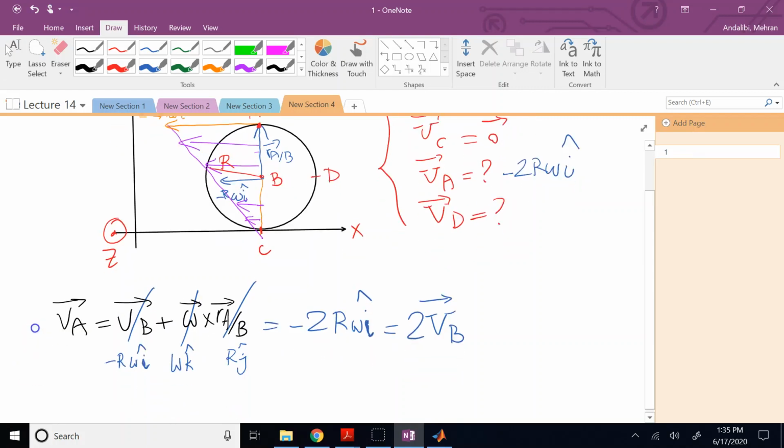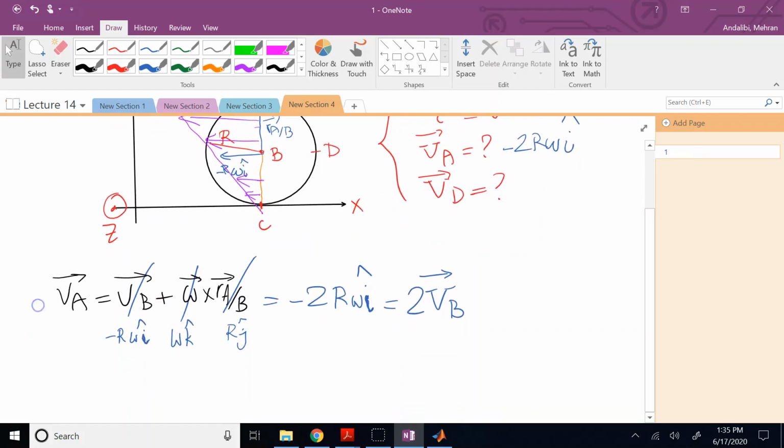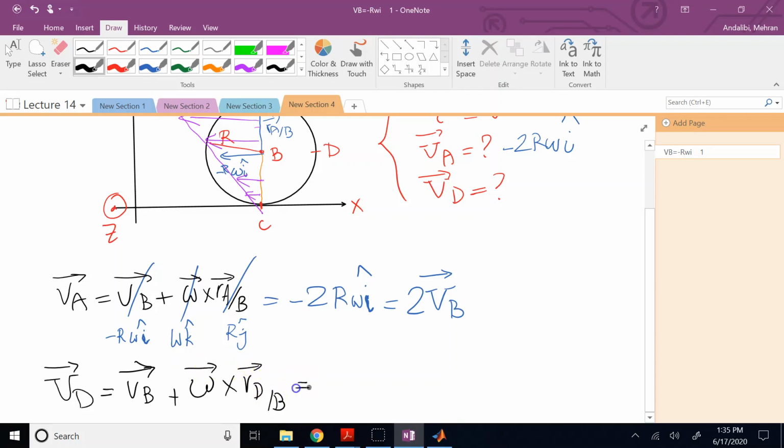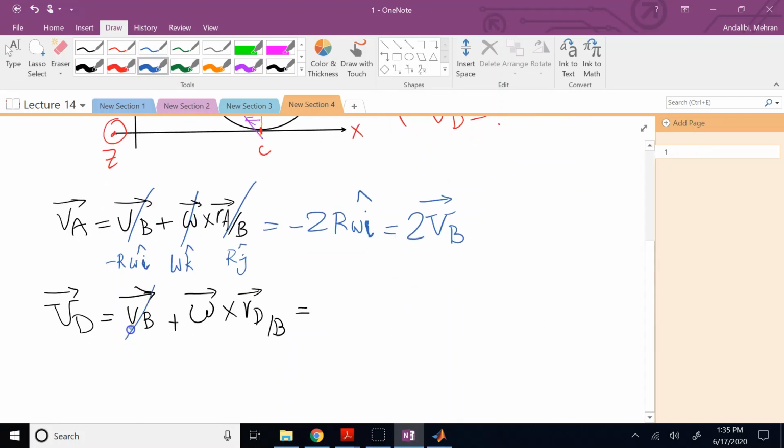Now what about point D? D is also interesting. So the velocity of point D is equal to v of b plus omega cross r of d with respect to b, and r of d with respect to b is this vector, negative r i. So you're going to get negative r omega i.